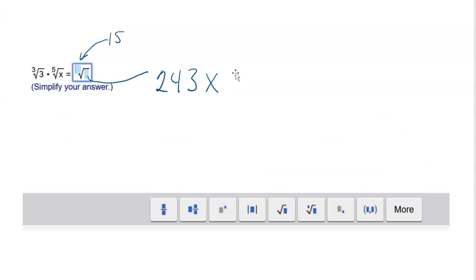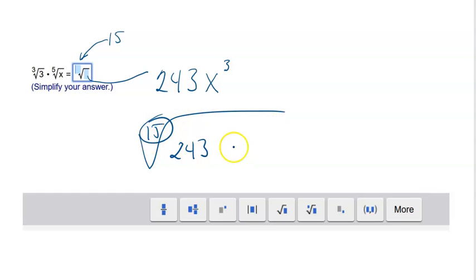So I'm back here, 243, x to the 3rd. So I'm going to just type 243 inside there, and then I'm going to type in x. I'm typing in 243, and then I hit x, and then I hit this button right here, and what's going to pop up is a little square right there, and then I type in my third.